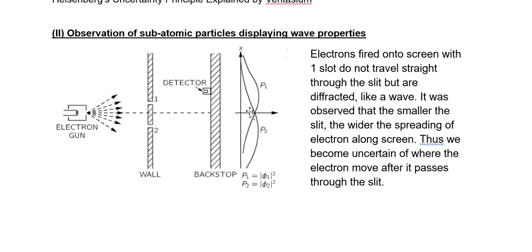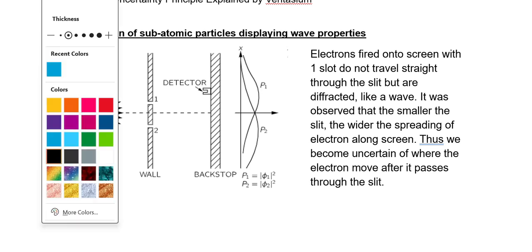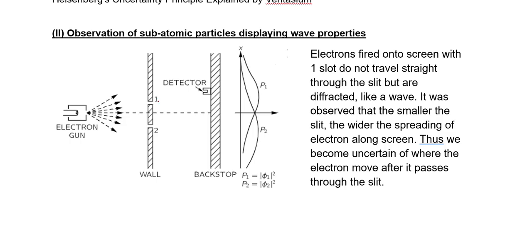Let's look at the Heisenberg uncertainty principle first applied to this diagram. The first thing we want to talk about is what happens if we just fire through slit 1 only, that means I close slit 2. I'm firing through one slot, and this is the distribution function I will get from the electrons going through this slit.